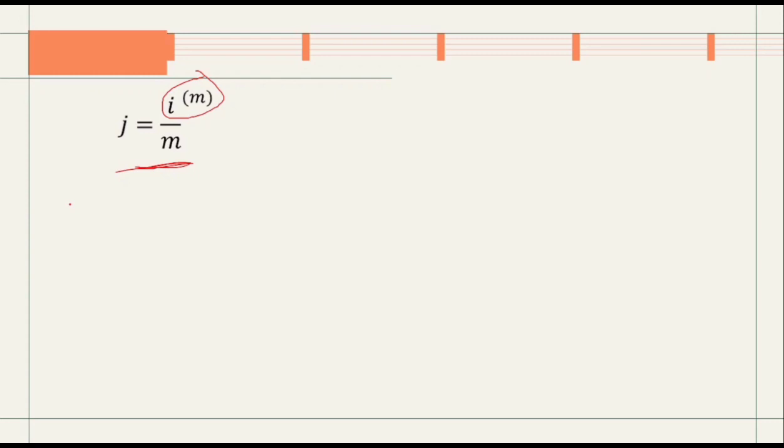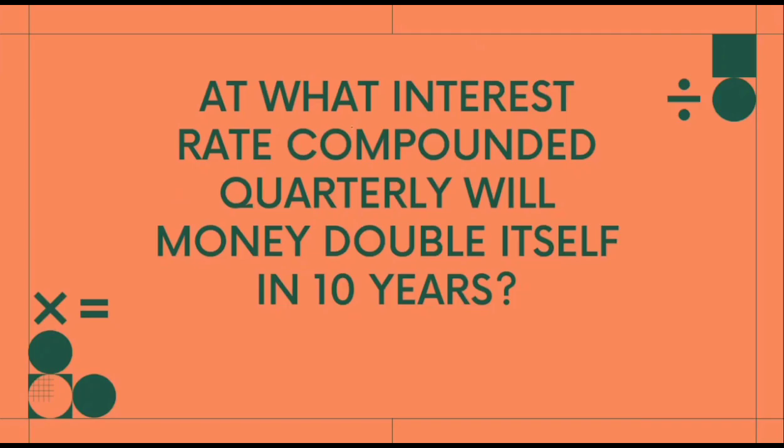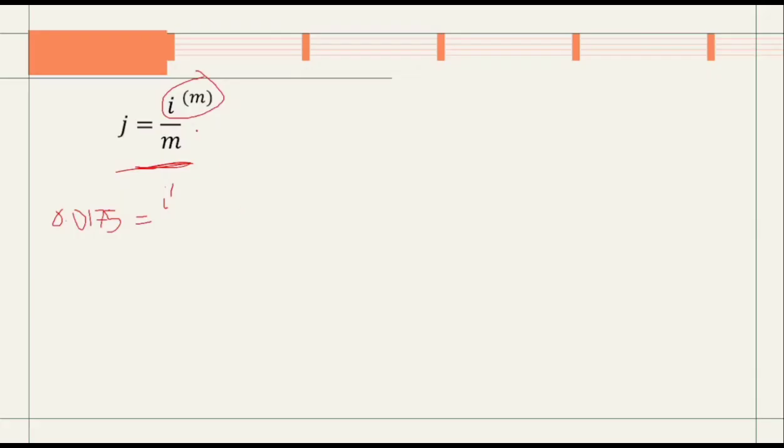So j, which is equal to 0.0175, is equal to I raised to m over m, which is equal to 4 since it is compounded quarterly. So I raised to 4 over m is just like what I've said, 4.